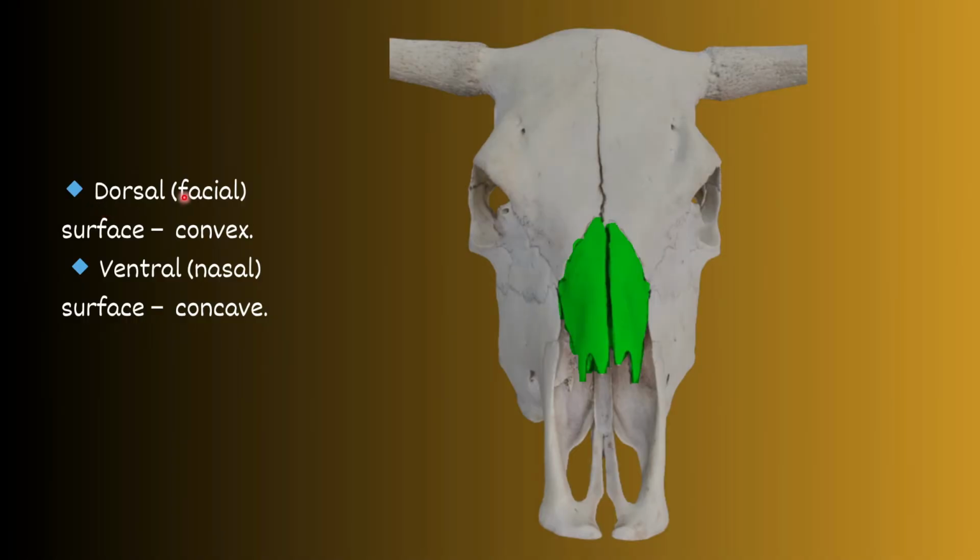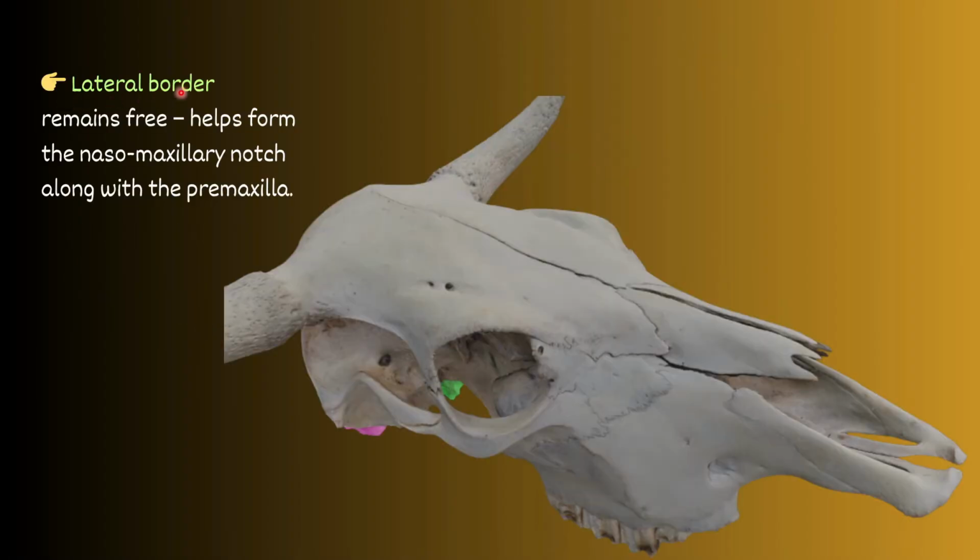If you see the dorsal or facial surface, it is convex. Ventral means below this, the nasal surface, that is concave. Lateral border remains free. You can see, this is the nasal bone, this is the lateral border, remains free.